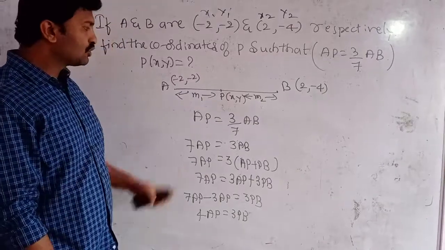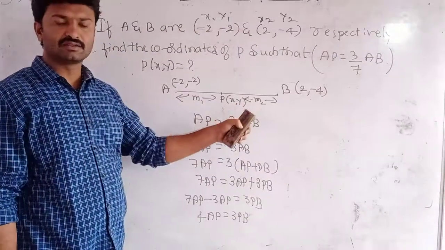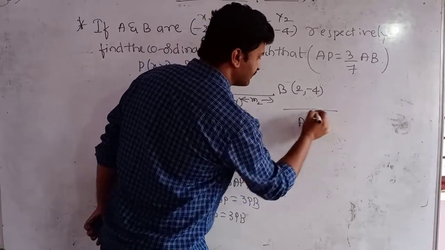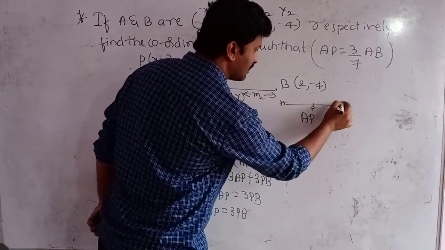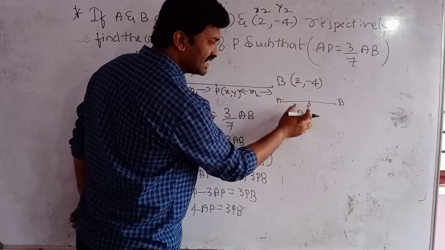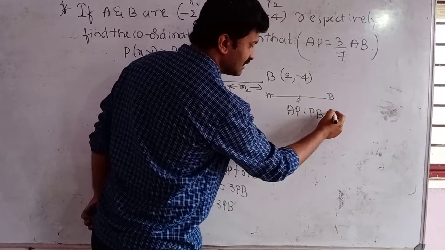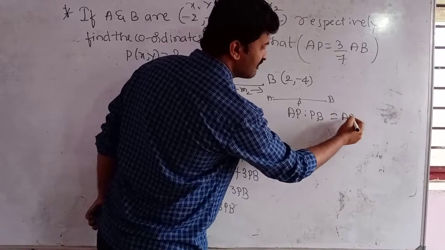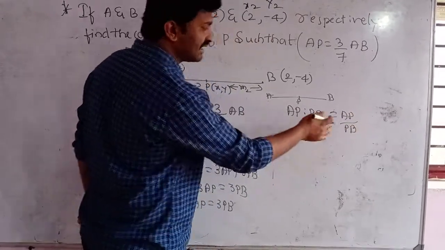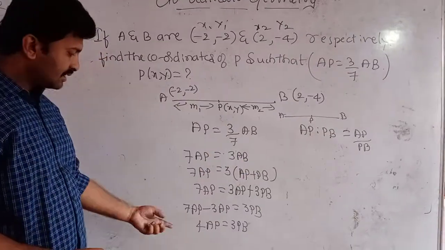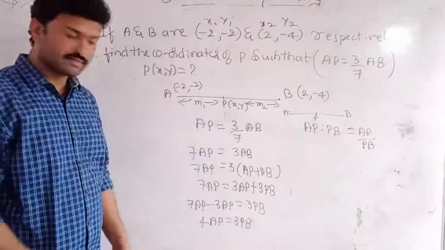Now, how to write the ratio of this line segment? This can be written as AP is to PB, which is the same as AP divided by PB, the ratio of the line segment when P lies on AB. Then where does PB go?